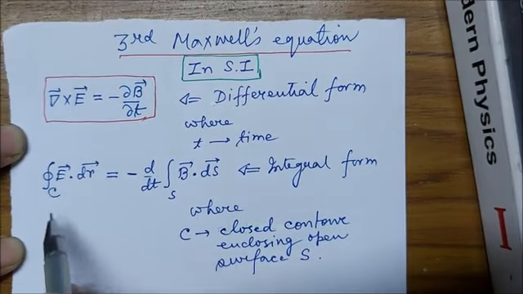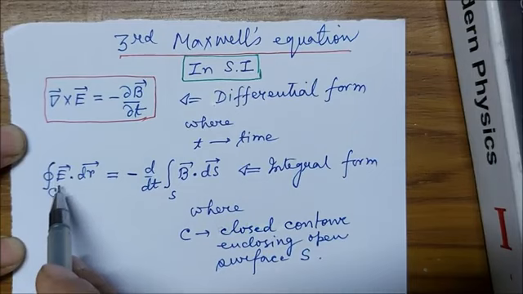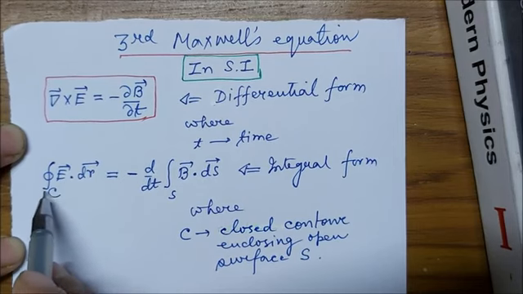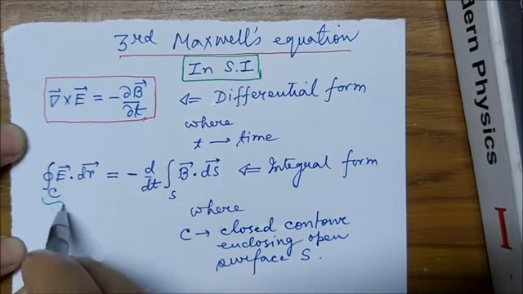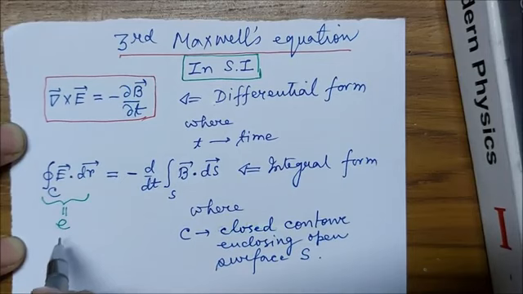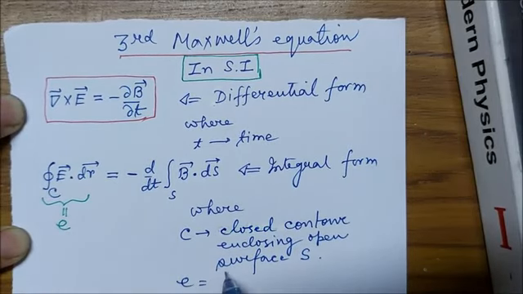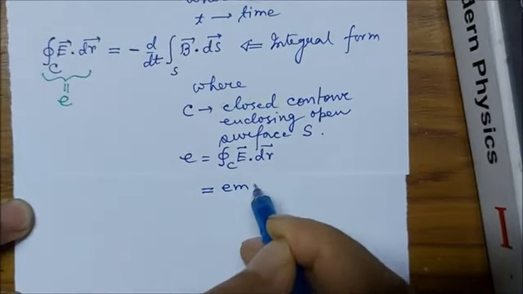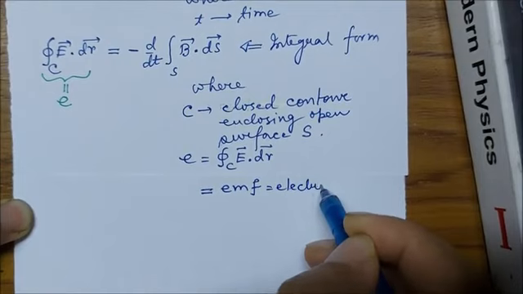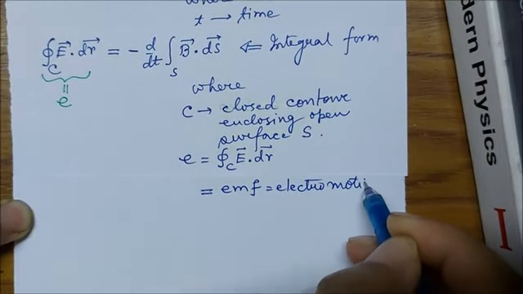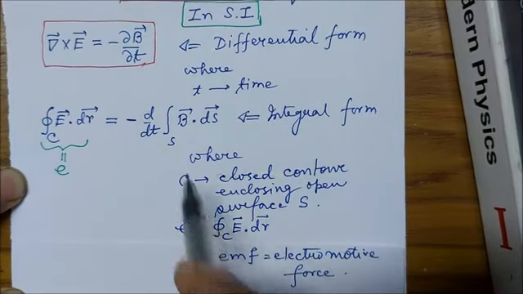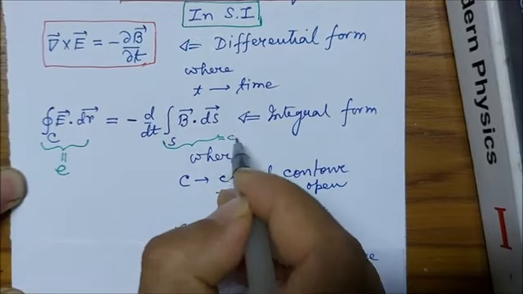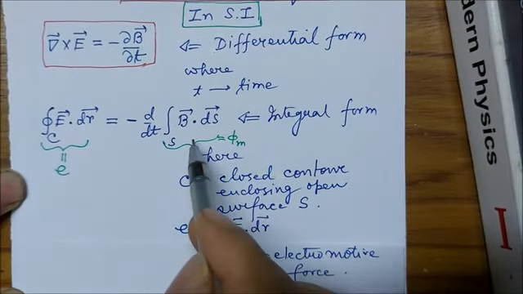Now this tangential line integral of the electric field vector, which is also called the circulation of the electric field vector over the contour C, is referred to as the electromotive force E. So E is equal to this, called EMF or electromotive force, and this open surface integration of the magnetic induction vector B, let us call it phi m, which is defined as magnetic flux.